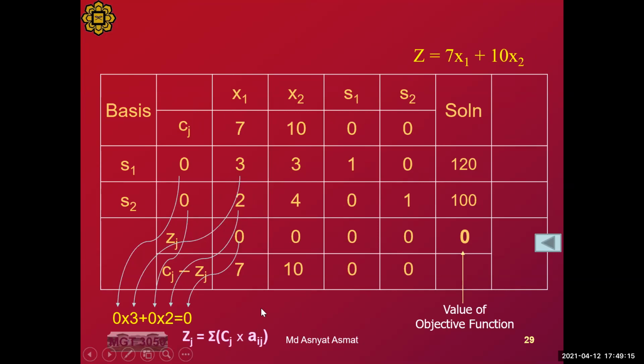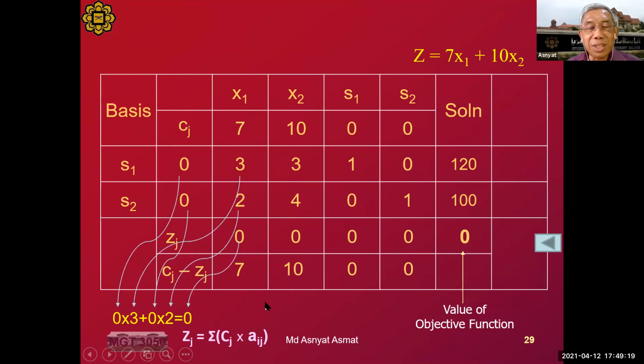Watch out carefully. This is exciting. The next thing is we look at the net evaluation row, net evaluation index. We see 7, 10, 0, 0. If we are trying to improve in the next iteration, that means the next tableau.